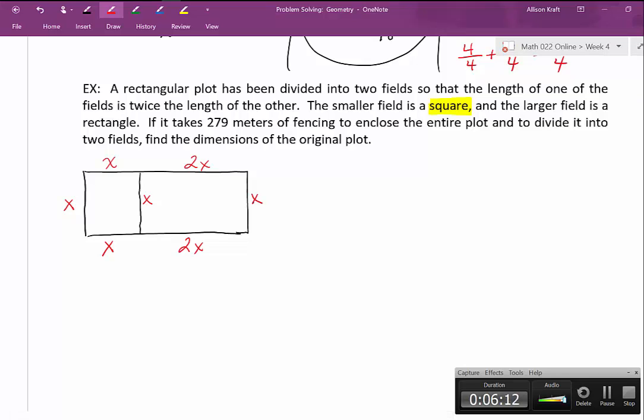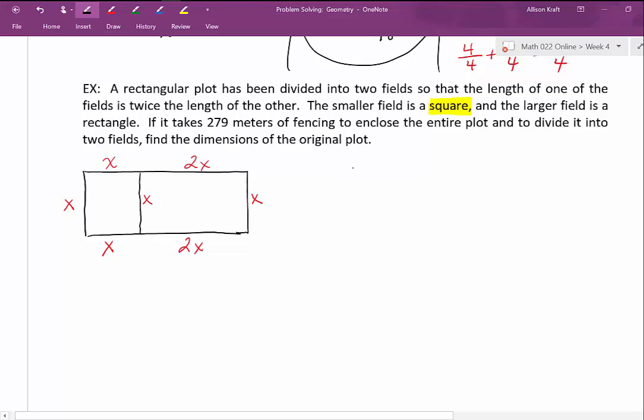It takes 279 meters of fencing to enclose the entire plot and to divide it into two fields. That means the sum of all of these sides is equal to 279. I'm going to start at the top. x plus 2x plus x plus x plus x in the middle plus x plus 2x at the bottom equals 279.